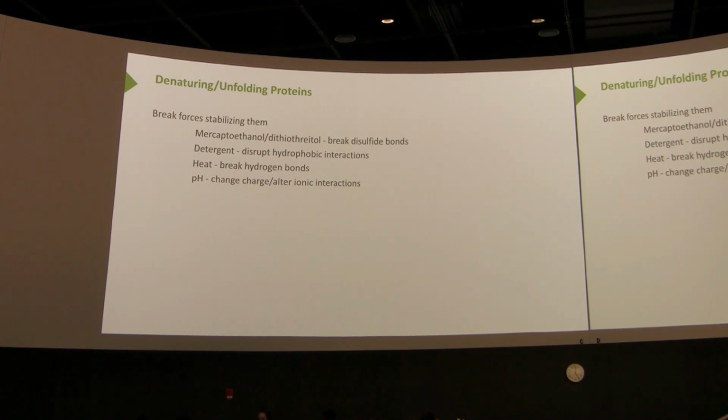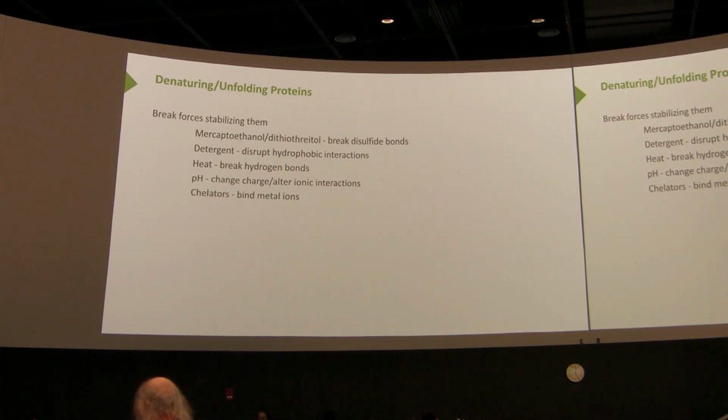I mentioned pH earlier because pH, of course, changes the charge of side chains of amino acids, and since some of those are involved in helping to stabilize or hold a protein in its tertiary configuration, pH can be a big factor in that. Chelators. What's a chelator? A chelator is something that binds to a metal ion.